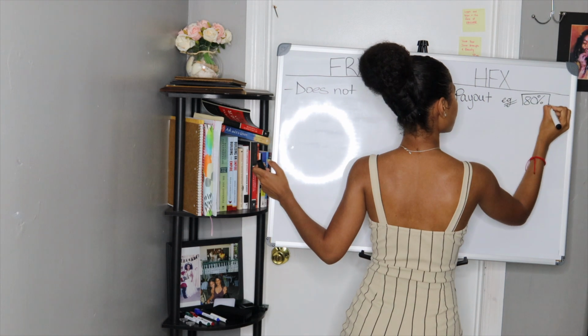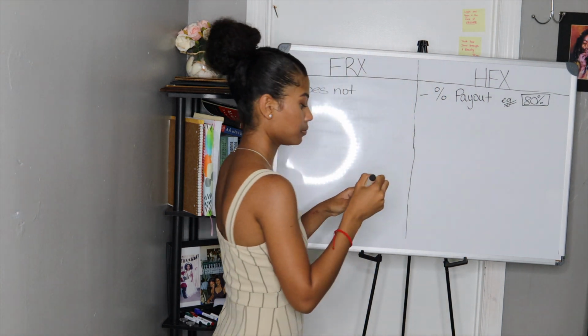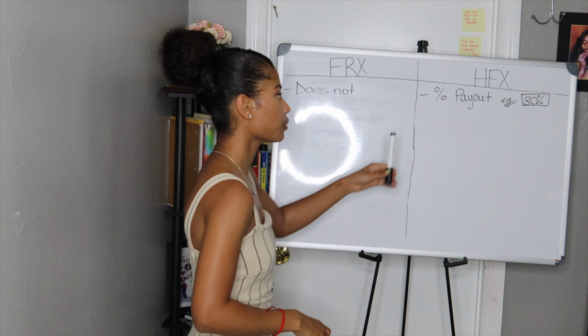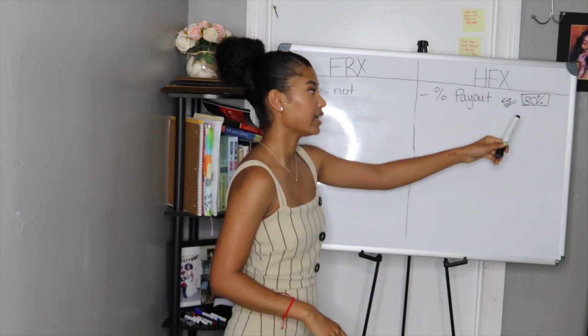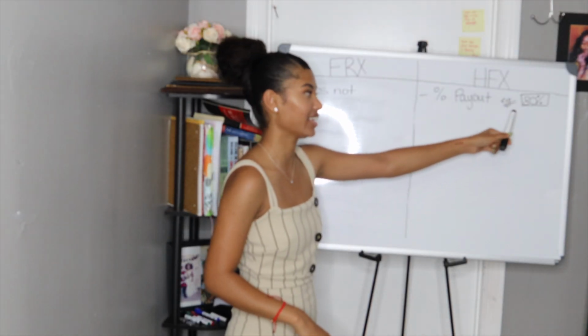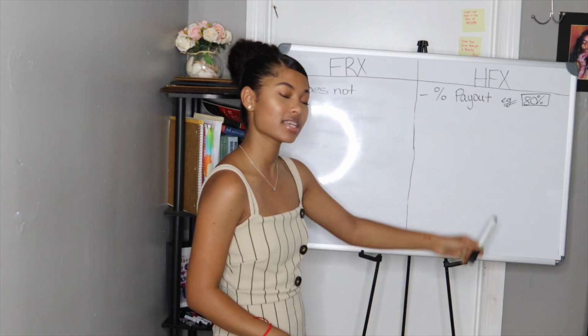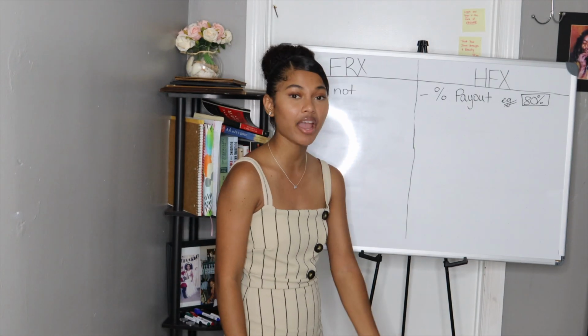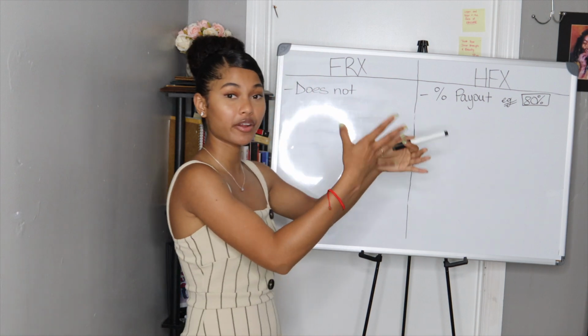Right? That's the percentage payout. You'll notice in the brokers for HFX that each pair has a different percentage. Some might have the same, some might have 70, 75, 90, 85. Like, it varies, it fluctuates.